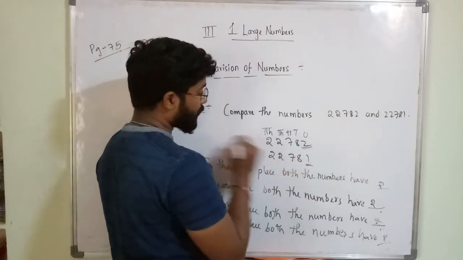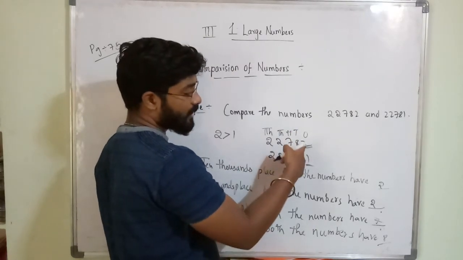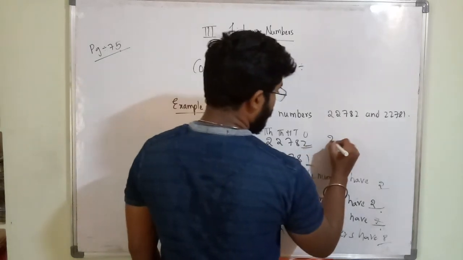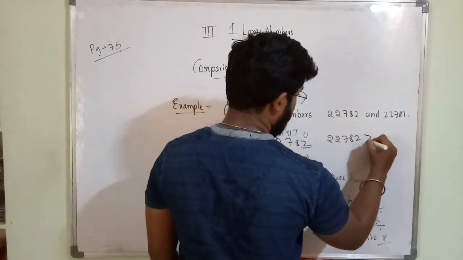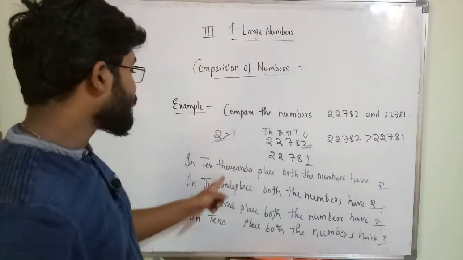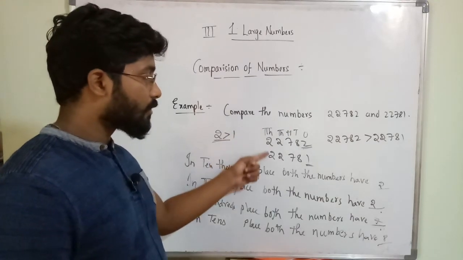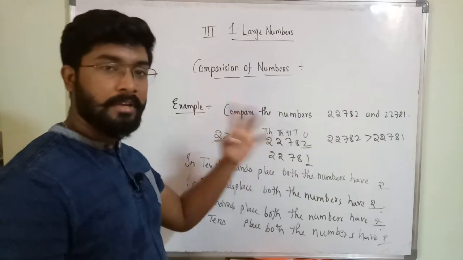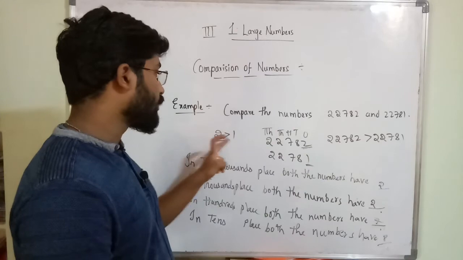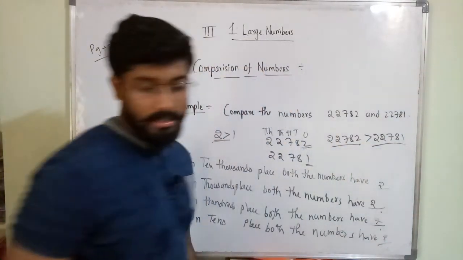As 2 is greater than 1 in the same place, 22782 is greater than 22781, because all the other places have equal digits. That is the example.